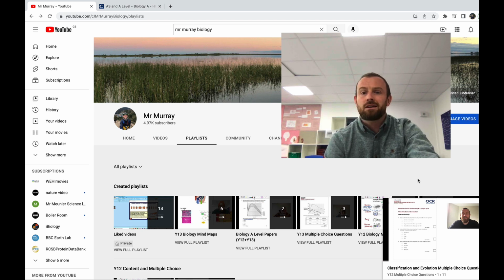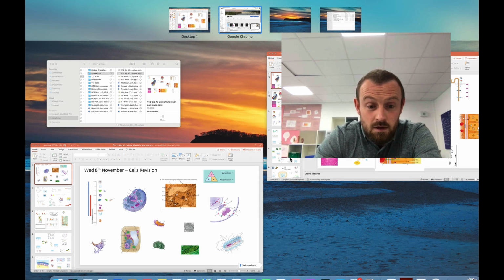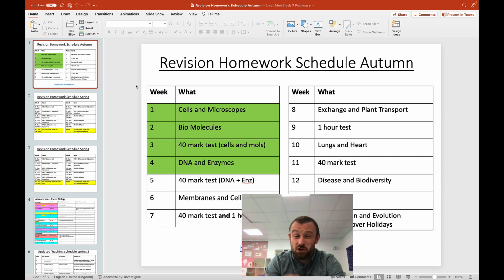The main thing that I do is to try and structure the revision. I'll just show you for a second what that might look like. Here's my revision homework schedule for autumn. In the autumn term of year 13, I try and revise all of year 12 over about 14 weeks. Maybe in the first week, I might set them a mind map on cells and microscopes.